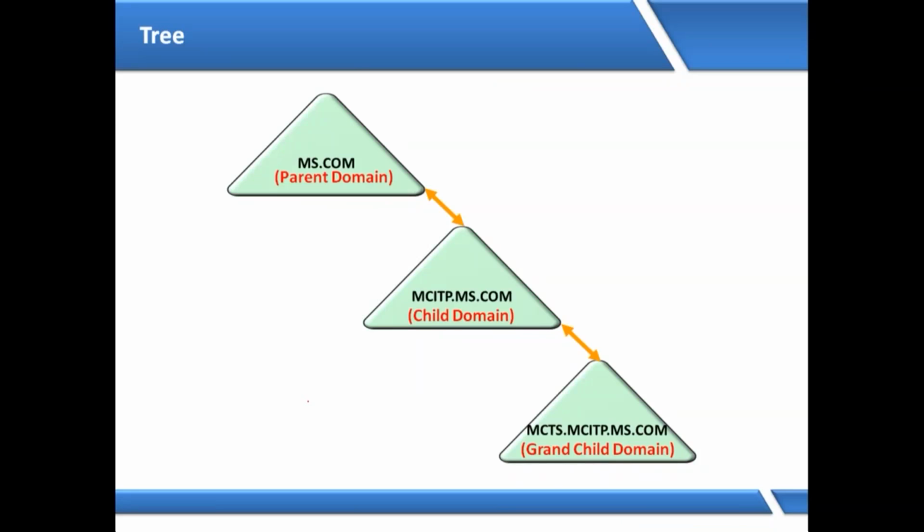So ms will become the grandparent and mcts will become the grandchild. Your first domain is the parent, and after that, all are child domains.